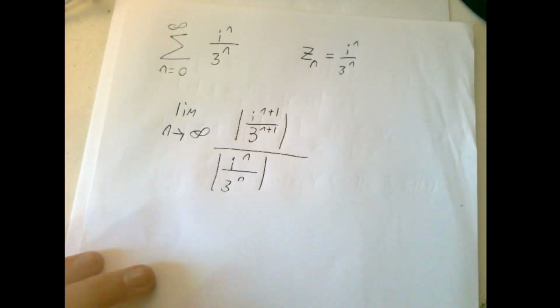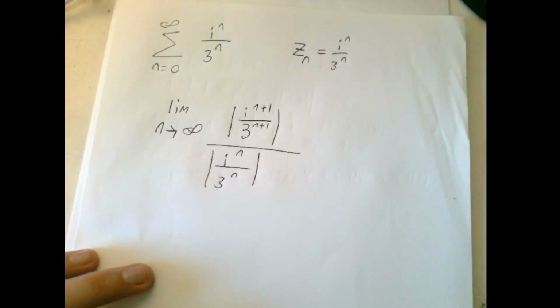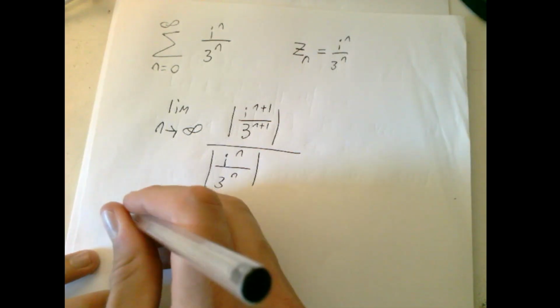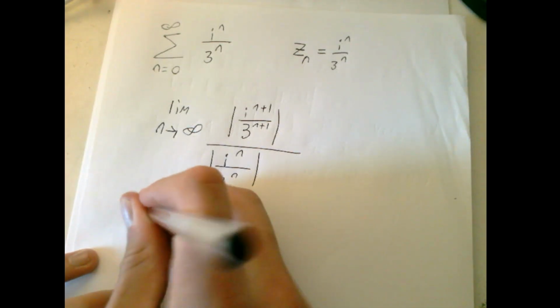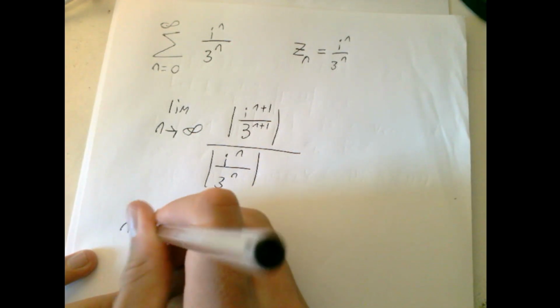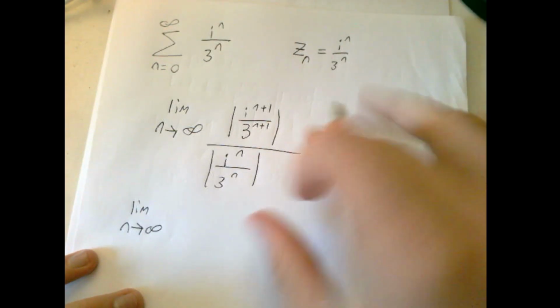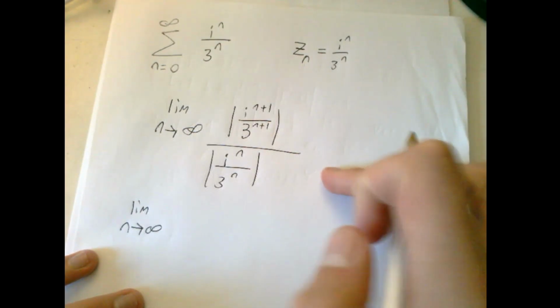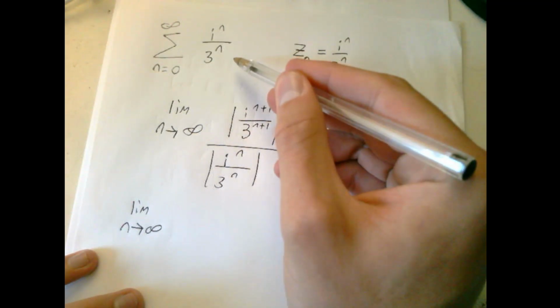First, let's do some simplification here. We're seeing if this is less than 1. If this is less than 1, then we know that this is absolutely convergent.